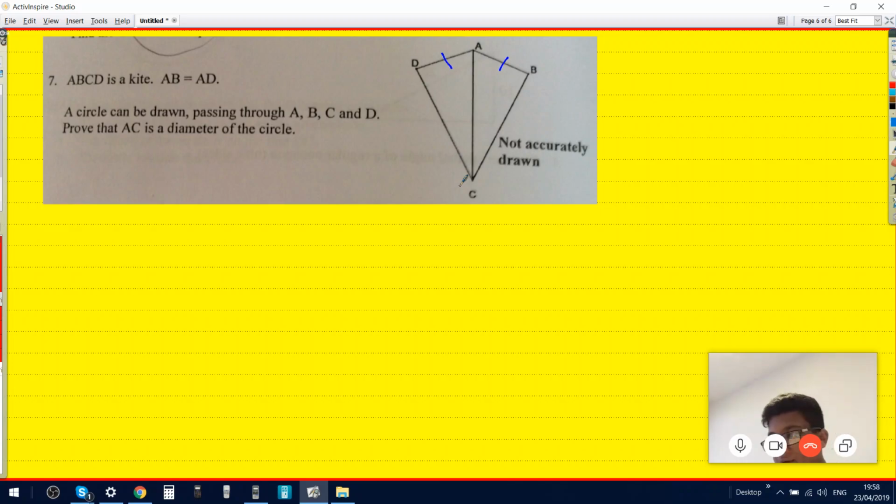You want to prove it's a diameter, so you could draw another line going through D to B. That won't help you there.